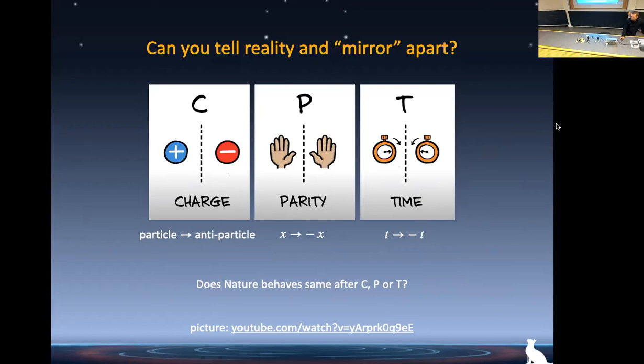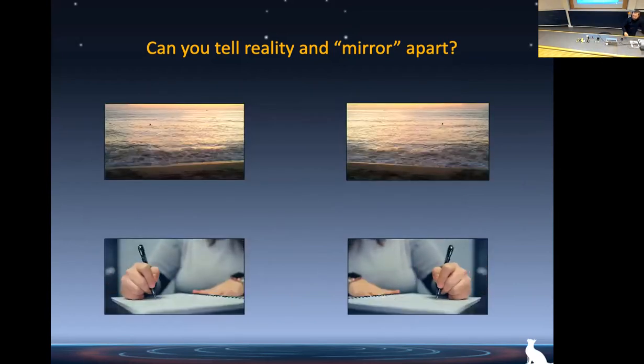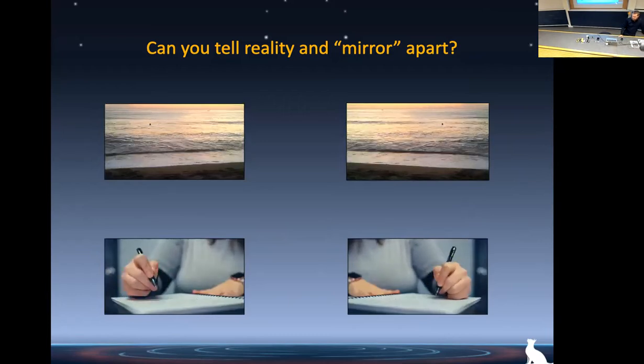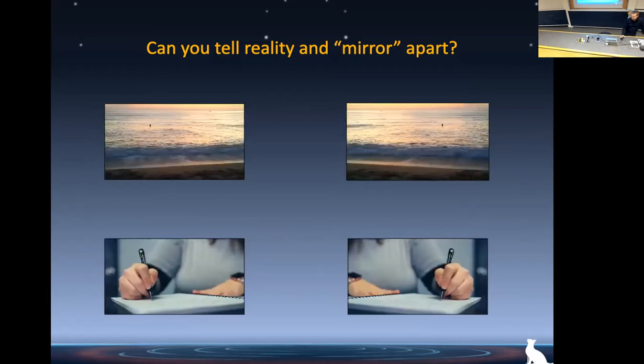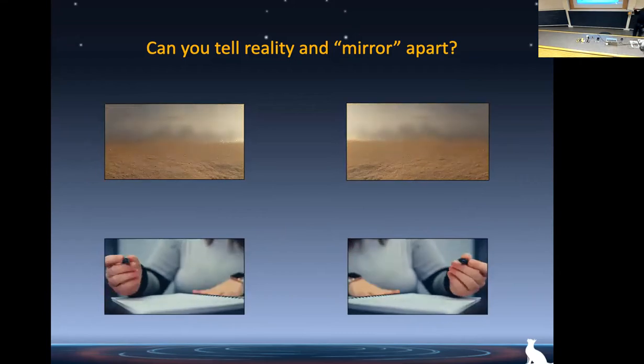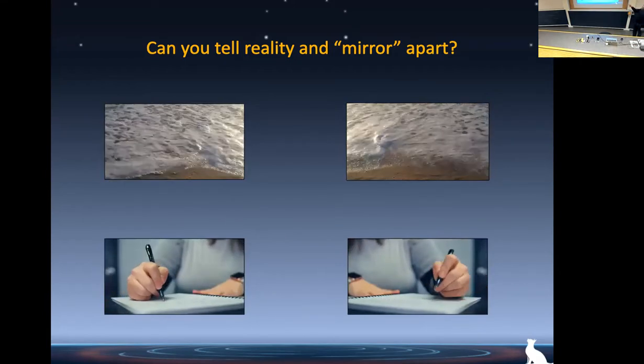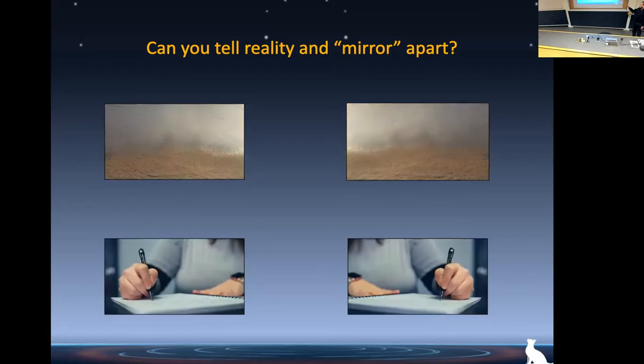So before I answer the question, I put it to you. Let's forget about the two movies and watch these videos. I downloaded two videos: waves on the beach, and a woman writing on a scratch pad.